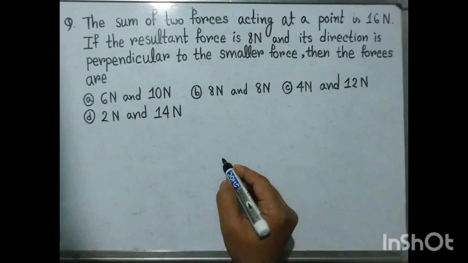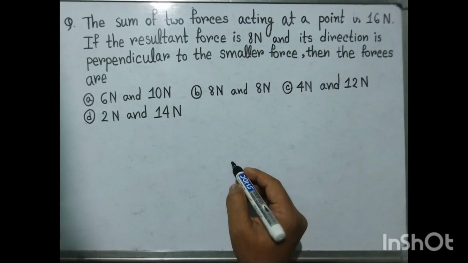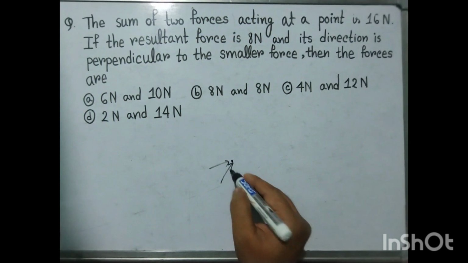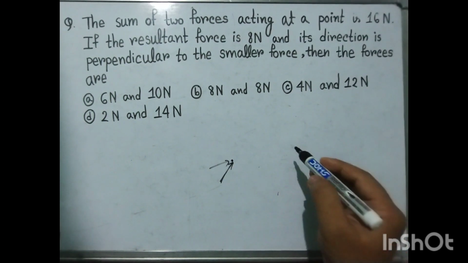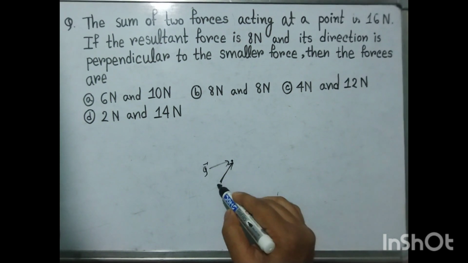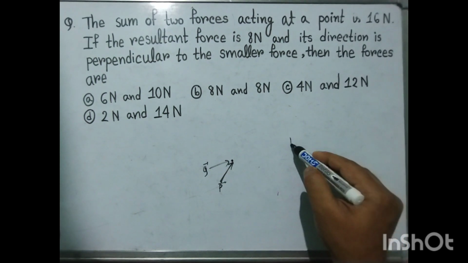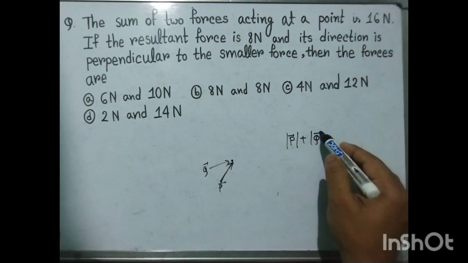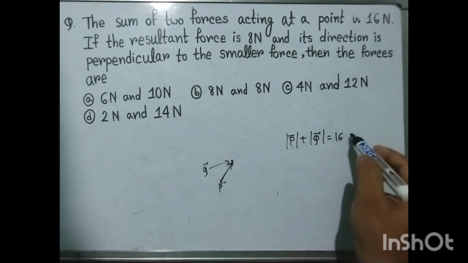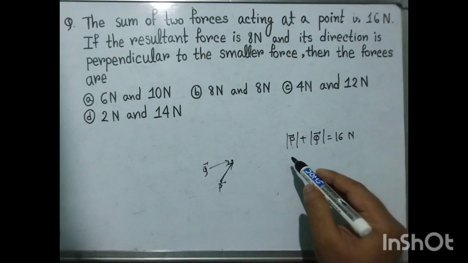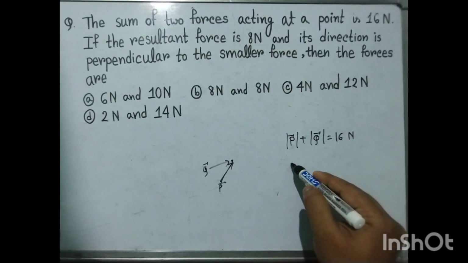Okay, here it is saying that two forces are acting at a point. Suppose here two forces are acting, and suppose this is P and this is Q. Now the sum of the magnitudes of these two vectors is 16 Newton. It is given, and it is saying the resultant force is 8 Newton.